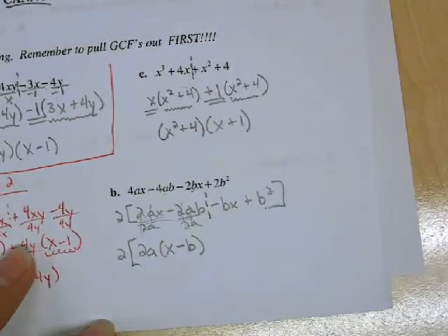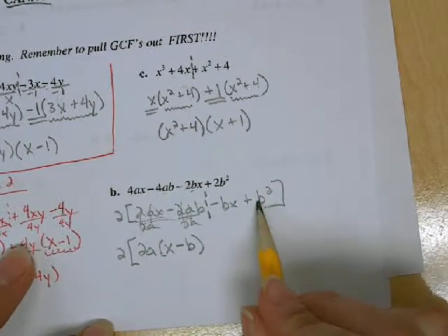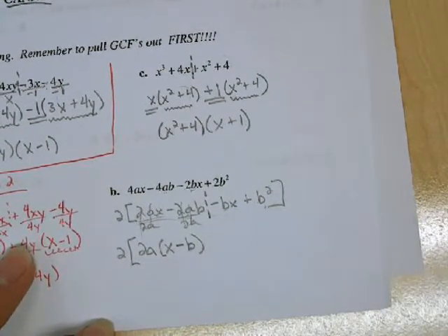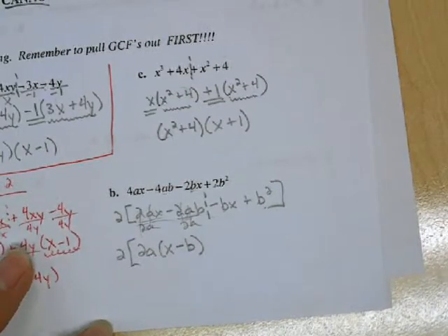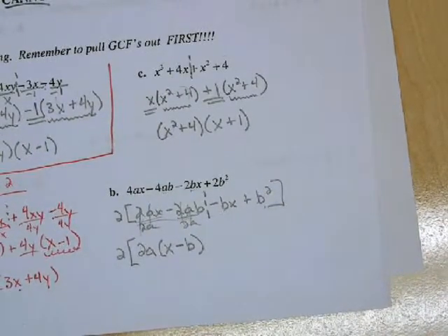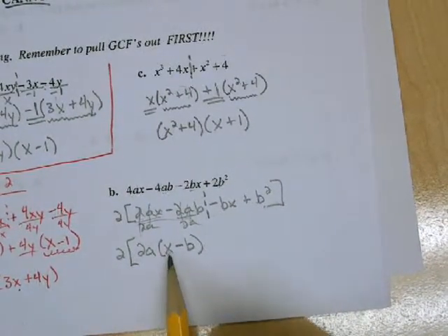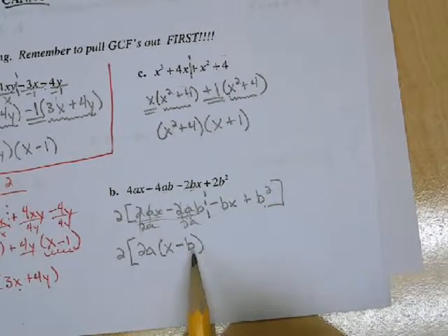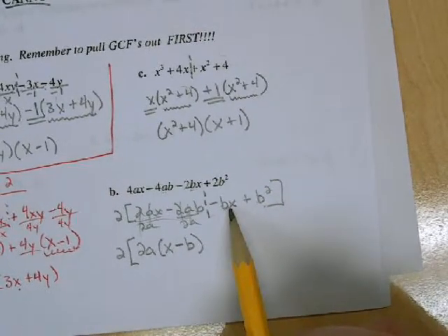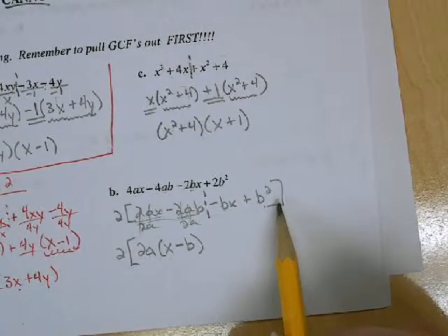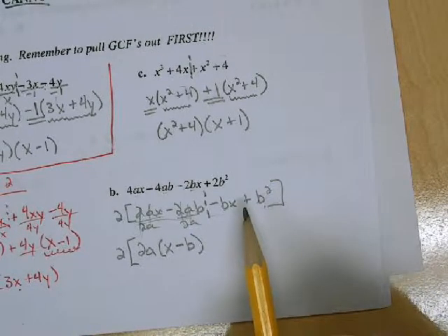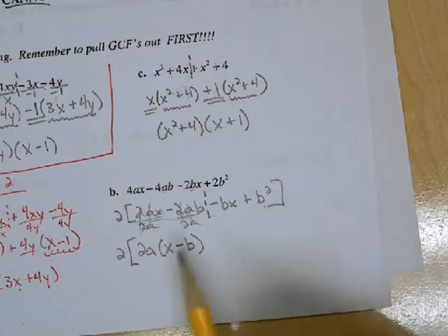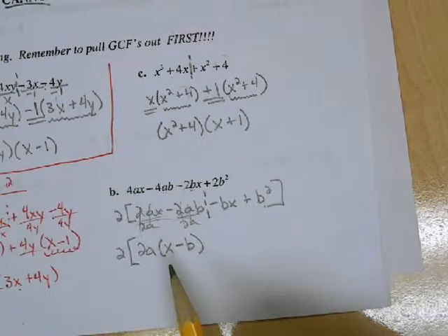Within these 2 terms, my GCF is just a b. Now here's what I was talking about with the negatives. Here I have positive and then negative. Here I have a negative and then a positive. I need those signs to change because I want it to end up like the parentheses, positive and then negative.